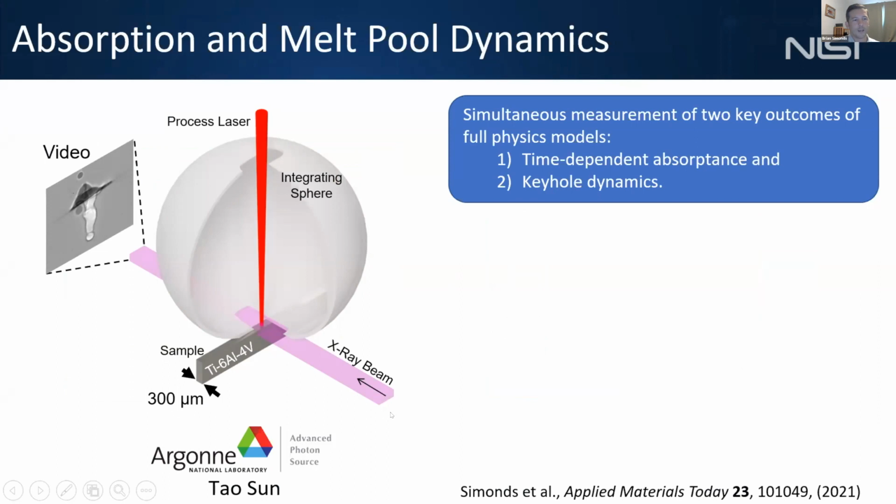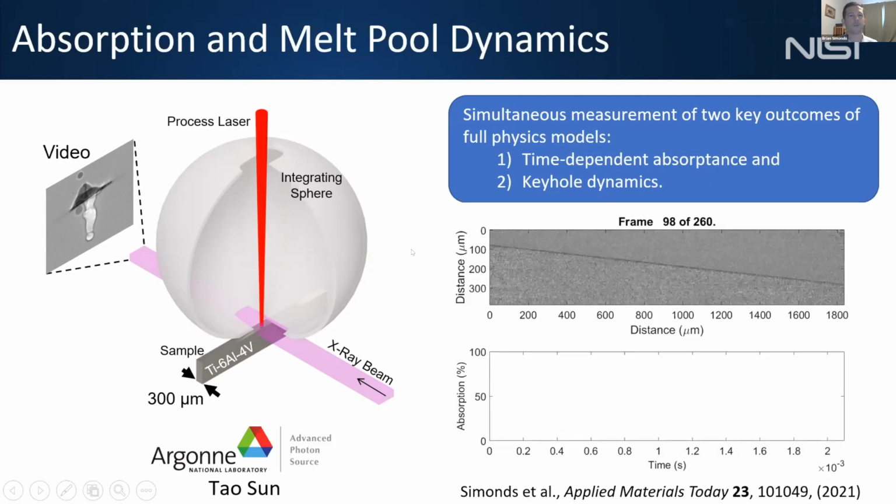At his beamline, they have developed this technique to send an X-ray beam through a material while at the same time hitting it with a process laser, melting and creating a proxy of the additive manufacturing or welding situation and getting these high-speed images. So what we did is basically ask if we could bring our integrating sphere and take simultaneous data of what the vapor cavity looks like, along with recording its absolute effect on energy absorption.